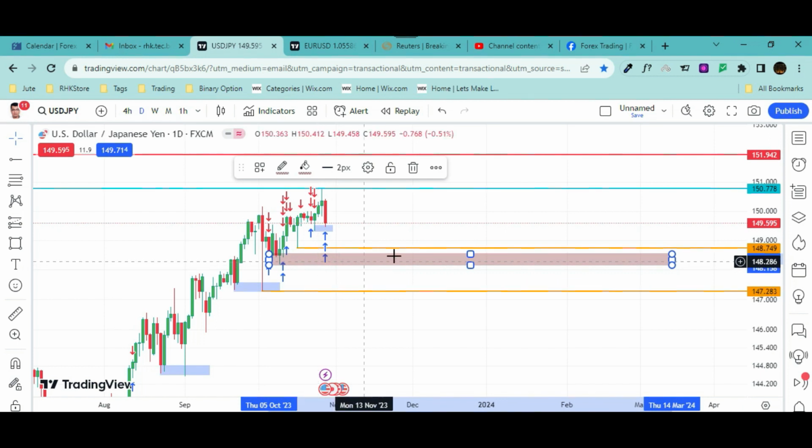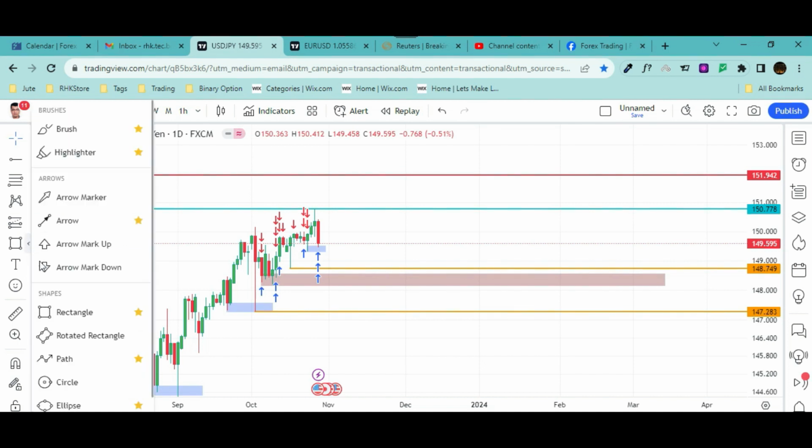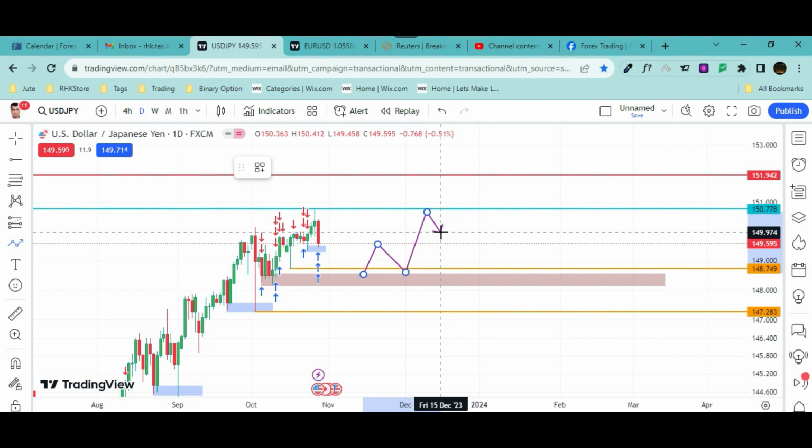Once it creates the double bottom, if the price fails to move up from here, maybe the price will come down. So if we draw something like this: if it fails from here, retests here and goes here, then again retests here, then it may come down. It will break, and then it will retest here.